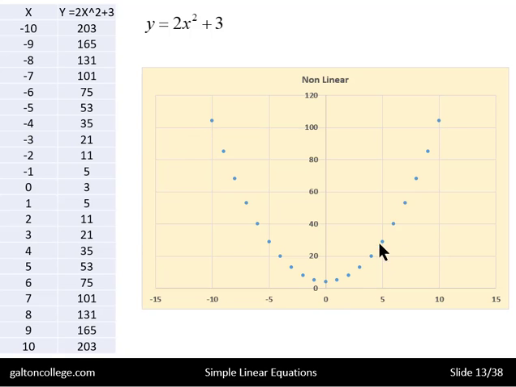And this is a parabola. That's the technical name. That's a quadratic. So it's a squared term. And we won't be solving that for a while yet. But just to show, that is not a linear equation. It is a line, but it's not what we mean by a linear equation. A linear equation to us is a straight line.